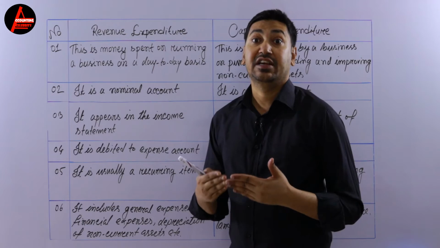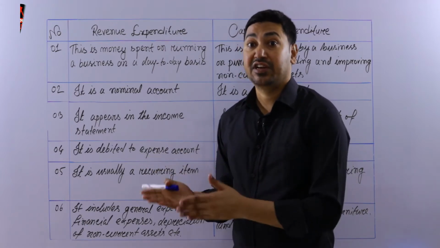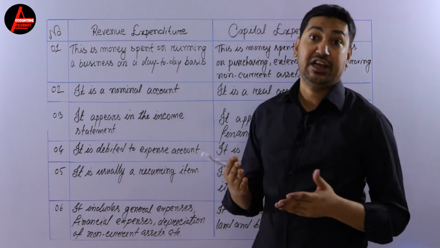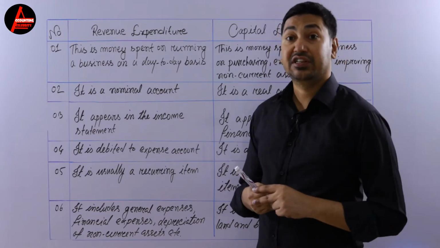Every month the business has to pay salaries, then office rent, general expenses, depreciation, purchase of goods, stationery. These all will be revenue expenditures.